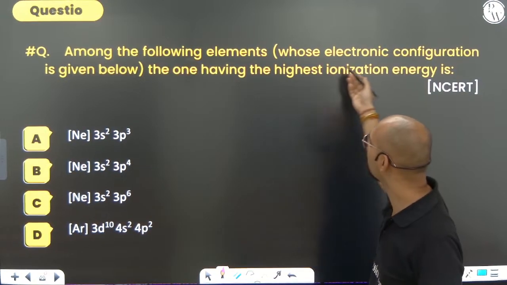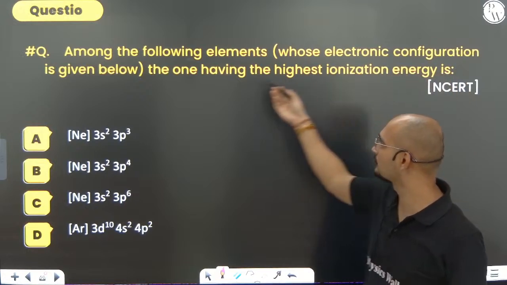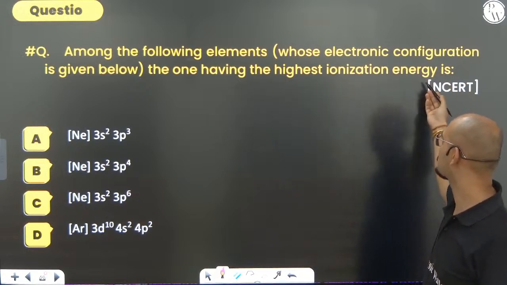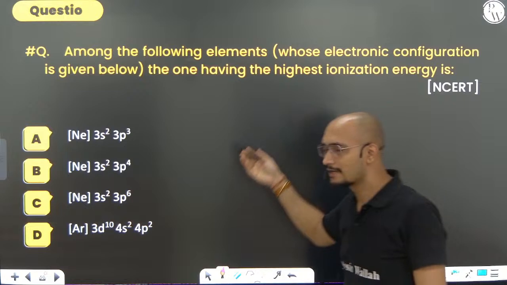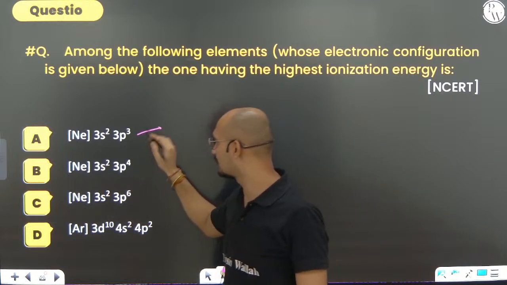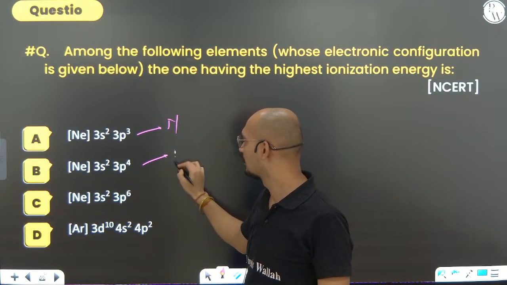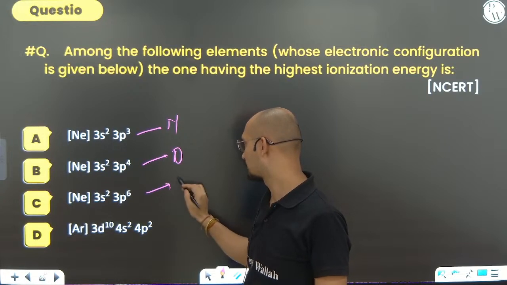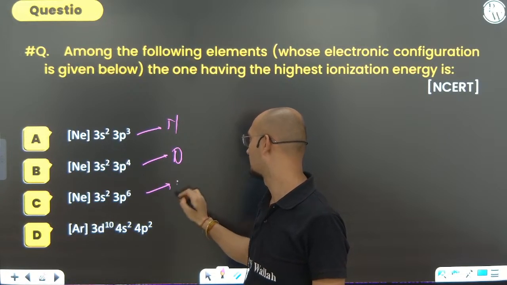Among the following elements whose electronic configuration is given below, which one has the highest ionization energy? Can you see it? It is nitrogen, oxygen, neon, argon. Just a minute.